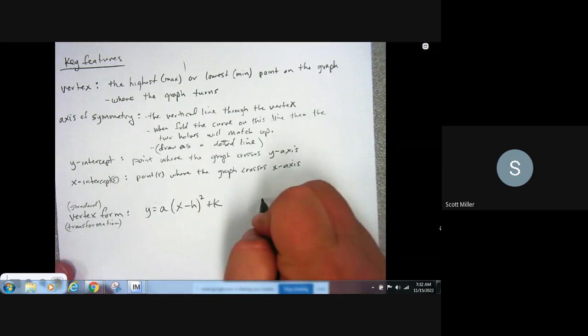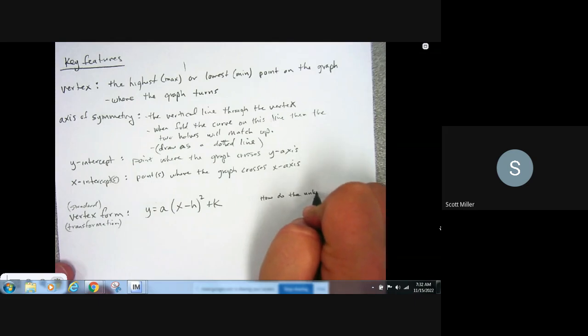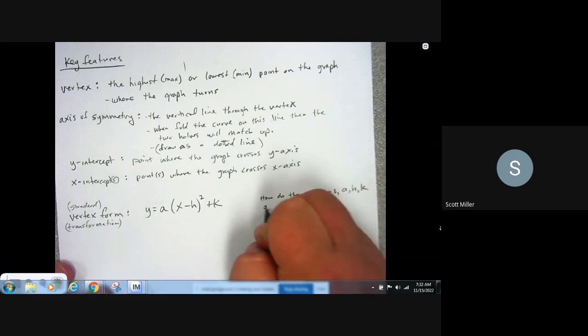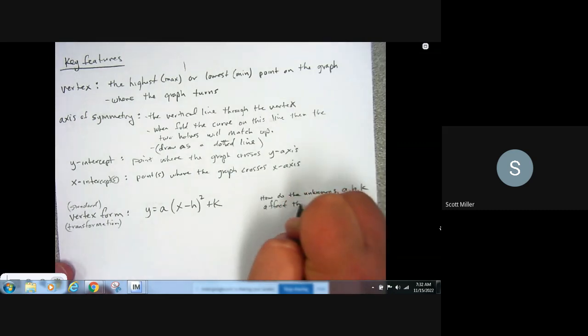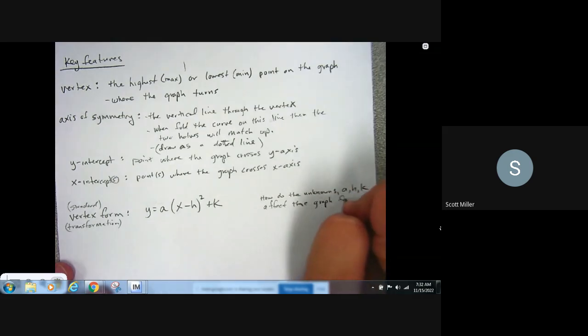So we want to ask these questions: how do the unknowns, which are a, h, and k, affect the graph from its parent?